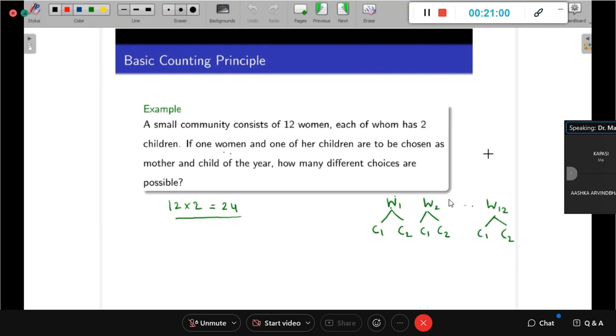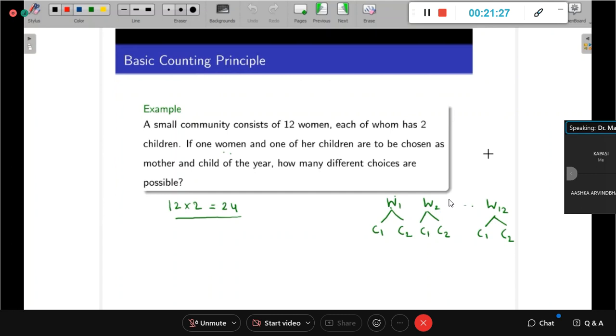I hope this example is clear to all. Let's read this example and try to address the solution very quickly. The example states that you take a small community which consists of 12 women, each of whom has 2 children.